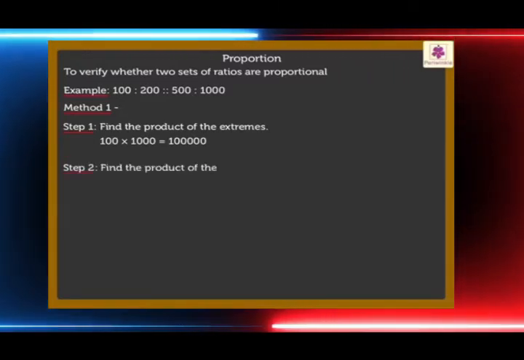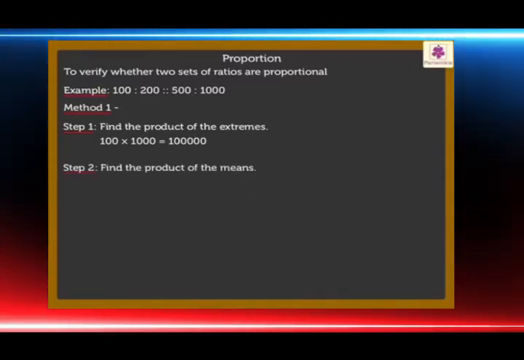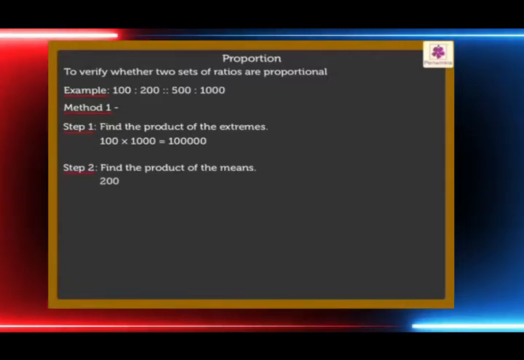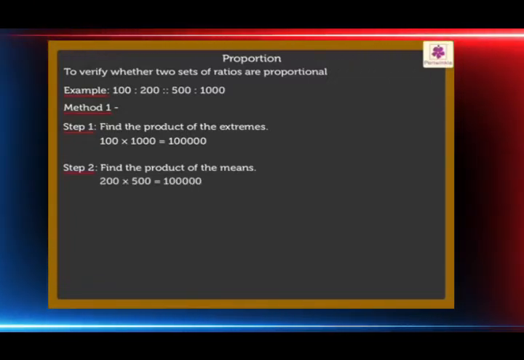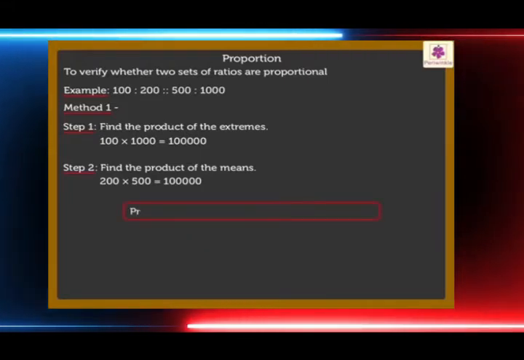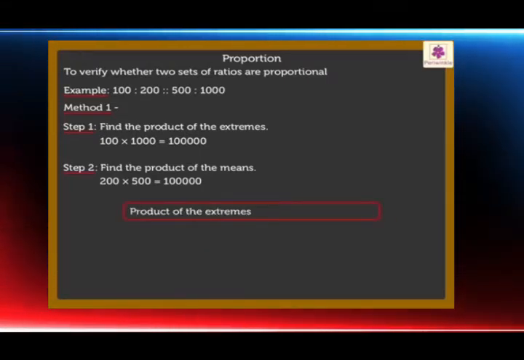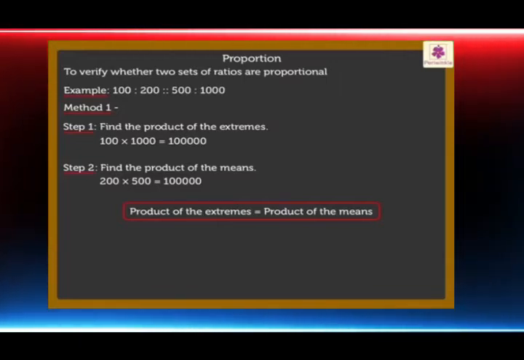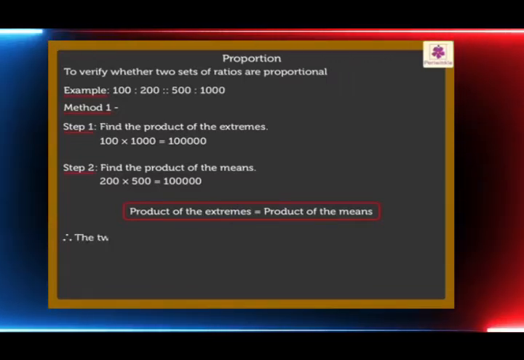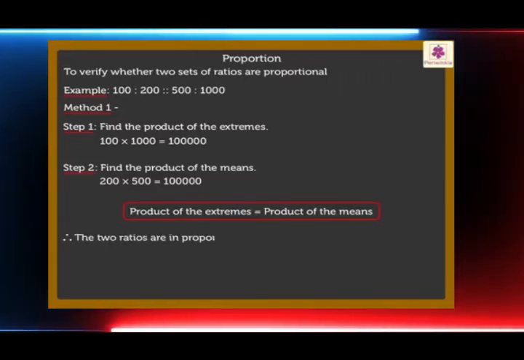Find the product of the means, that is 200 into 500 is equal to 1 lakh. Here, the product of the extremes is equal to the product of the means. Therefore, the two ratios are in proportion.